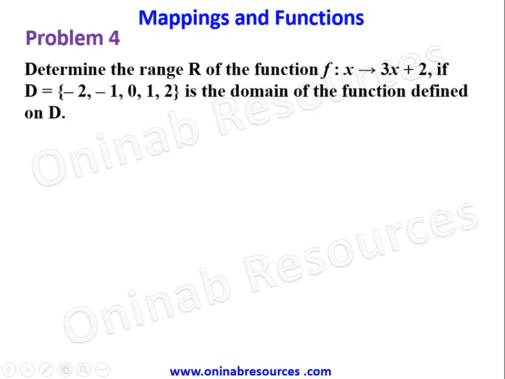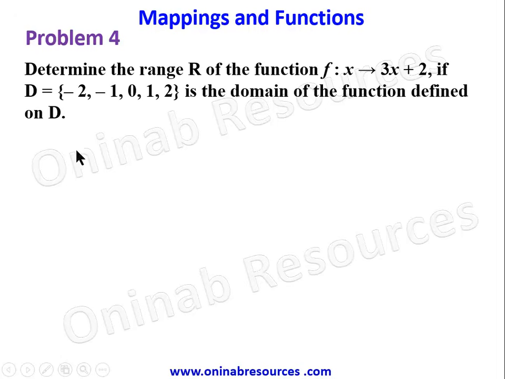For problem 4, we are to determine the range R of the function, which is given here: f(x) = 3x + 2, if D = {-2, -1, 0, 1, 2} is the domain of the function defined on D. So we know the domain now, we are looking for the range.